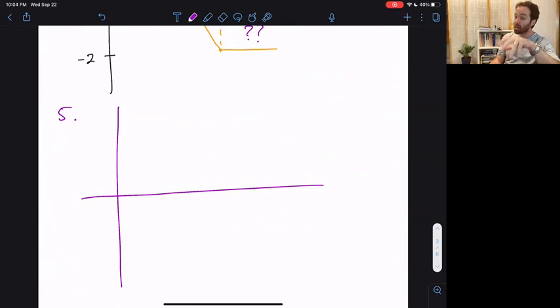Something that your class may have gone over or will go over soon is that when the velocity time graph is flat, that means that the position time graph will be tilted. If the velocity is positive, it will be a positive slope for the position time graph. If the velocity is negative, then the position time graph will have a negative slope.